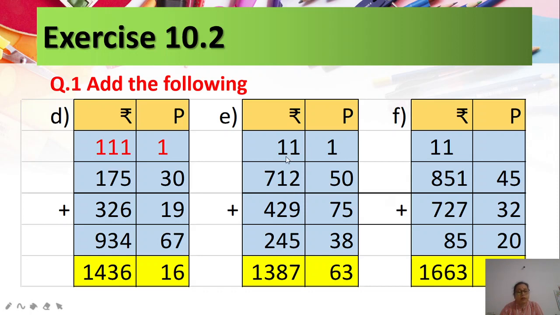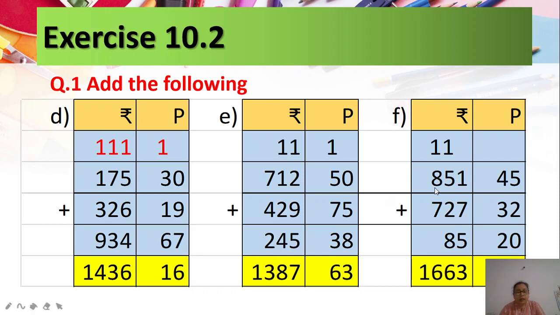So again 1 is carryover. Now it is 1 plus 1 is 2, 2 plus 2 is 4 and 4 plus 4 is 8. Here in the hundreds place it is 7 plus 4 is 11 and 11 plus 2 is 13. So our answer is rupees 1387 and 63 paise.